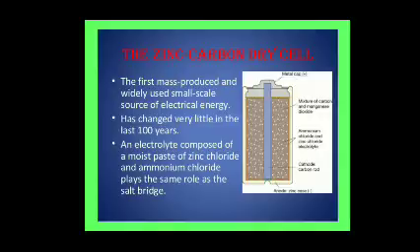It is surrounded by manganese dioxide and ammonium chloride paste between anode and cathode, which acts as the electrolyte. This electrolyte produces 1.5 volts by the transfer of electrons from anode to cathode.